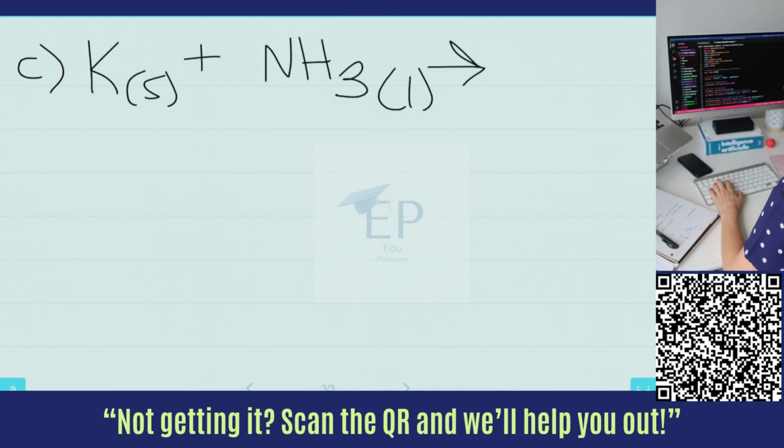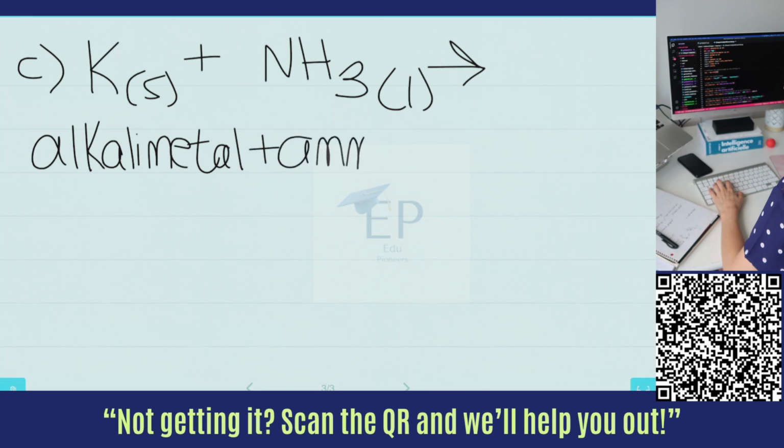So as we can see, what we have here is potassium, which is an alkali metal, reacting with ammonia.